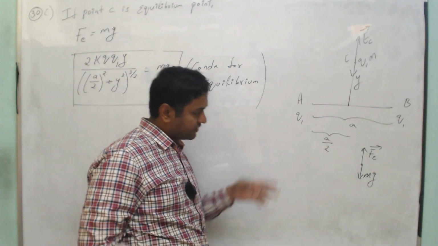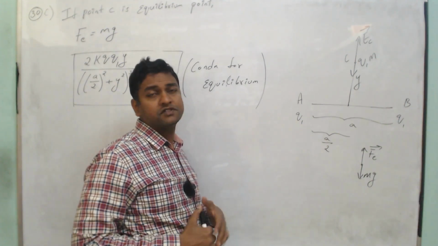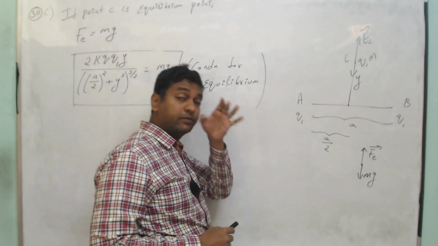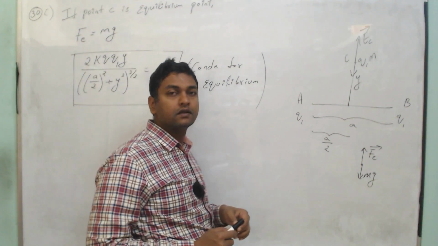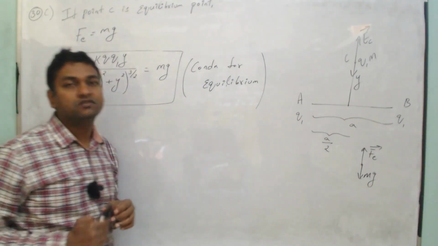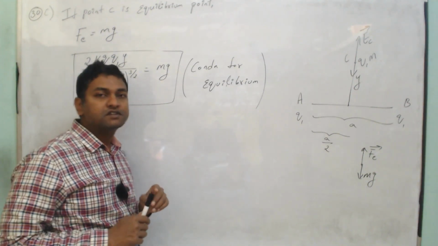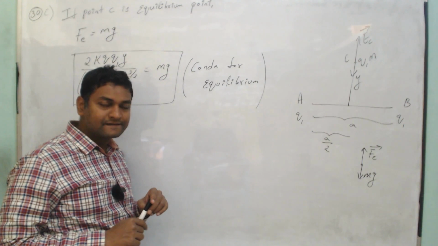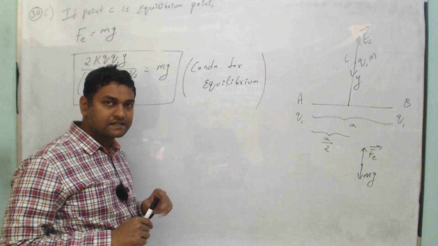So here, if I am saying that the upward force is equal to the downward force, that means that is an equilibrium point. And therefore I am getting this electrostatic force is equal to the gravitational force. Correct? Is this clear?